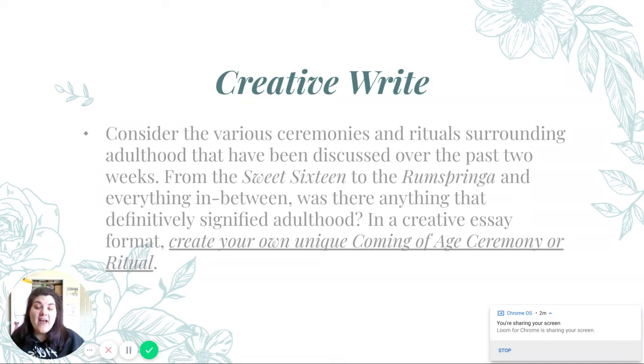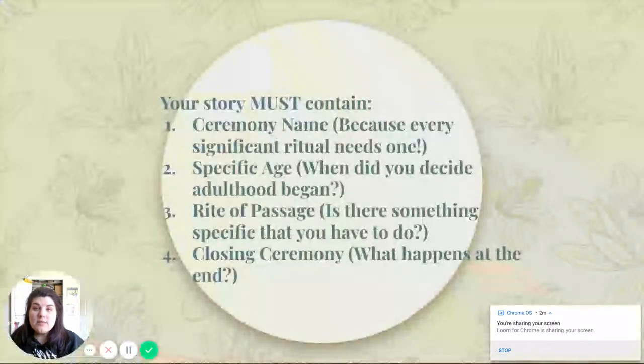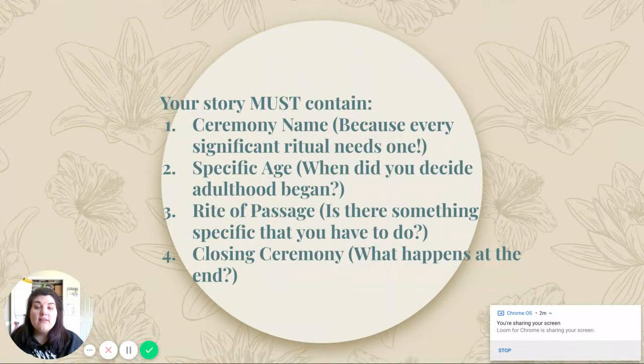In a creative essay, you're going to create your own unique coming of age ceremony or ritual. So your written piece must contain a ceremony name, right? Because every big ceremony ritual thing needs a name, like Rumspringa. And you need a specific age.